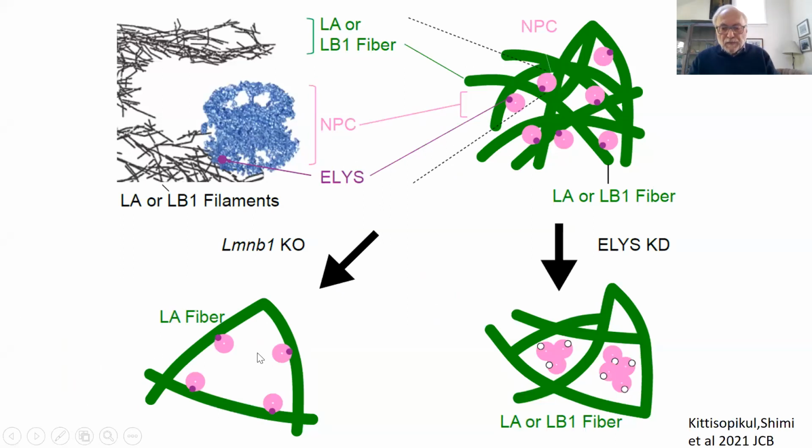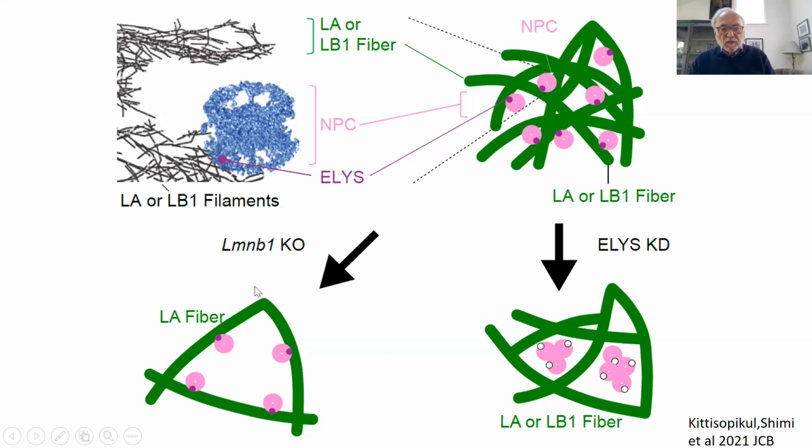And this is the cartoon we made for the Journal of Cell Biology. They wanted a cartoon at the end to summarize all the data. Basically, what it says is that lamin A or B1 filaments in the electron microscope, fibers in the light microscope, actually interact with pores, and a major linking component is ELYS. And when we silence ELYS, we can displace the pores.